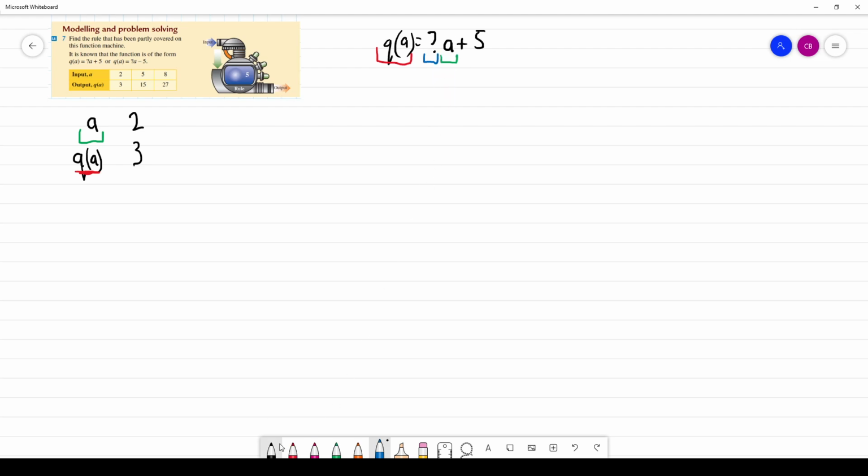And instead of writing a question mark, we could write a letter. So we could write Q(a) is equal to, let's say, ka plus 5. So we've got a lot of Q(a)'s to try and a lot of a's to try, and we can use that to find what k is.